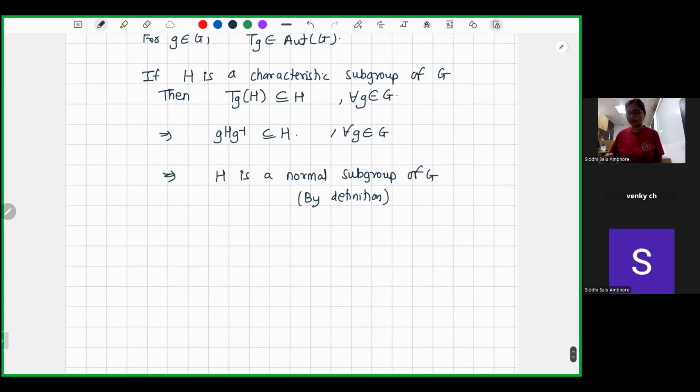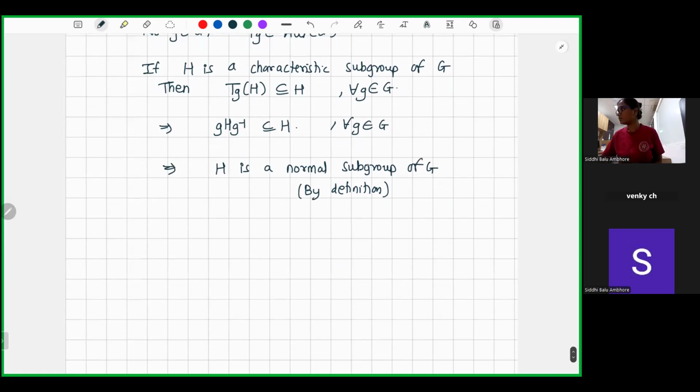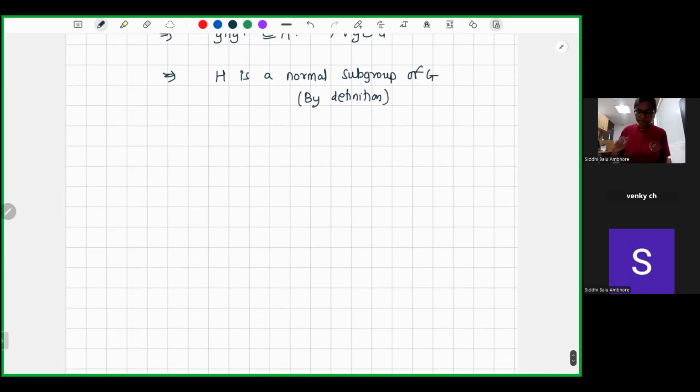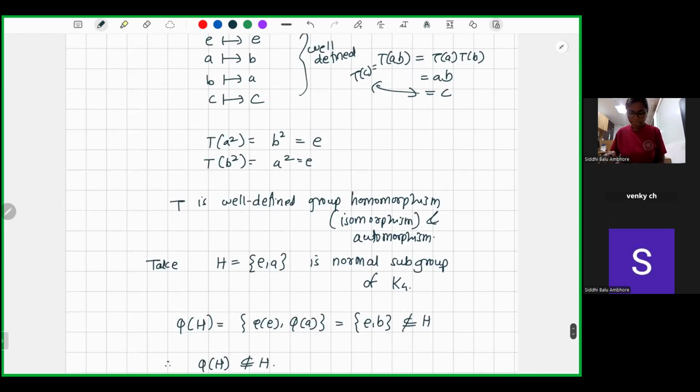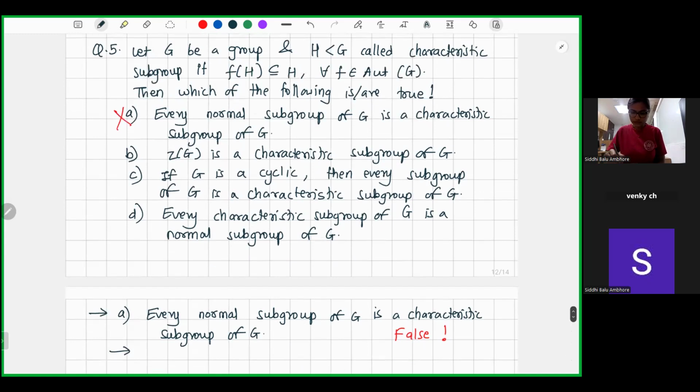And the last part, yeah, this one. So this one is true. Okay, we just proved this.